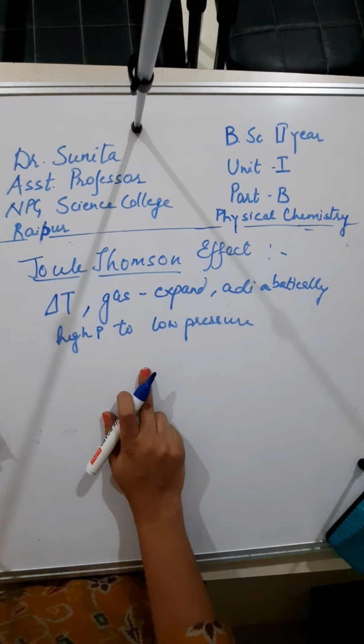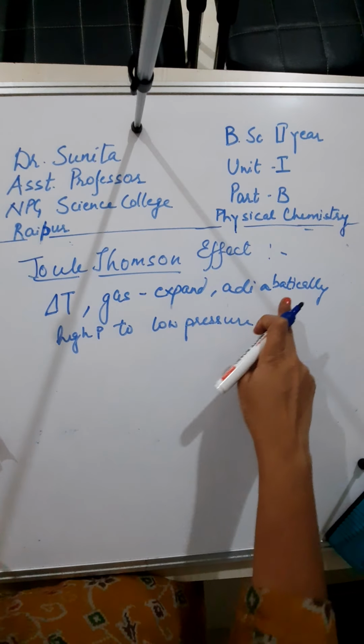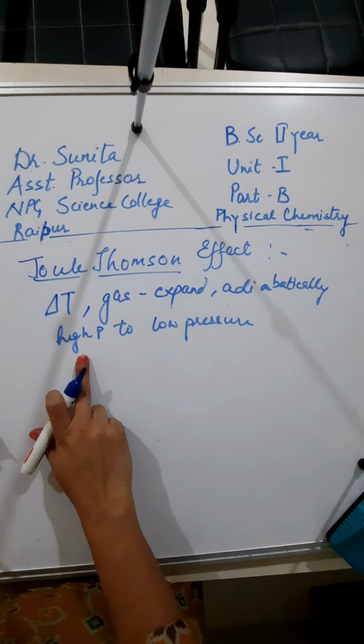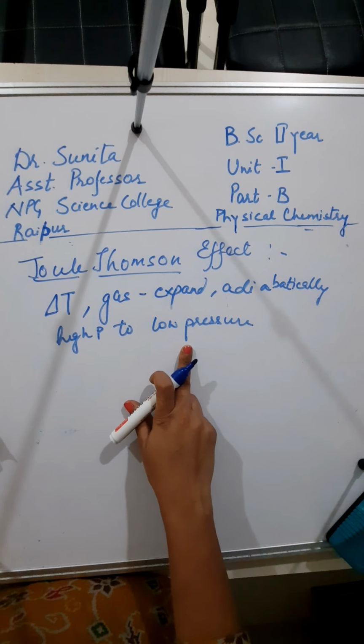Whatever change in temperature is produced when the gas expands under adiabatic condition from high pressure to low pressure is known as the Joule-Thomson effect.